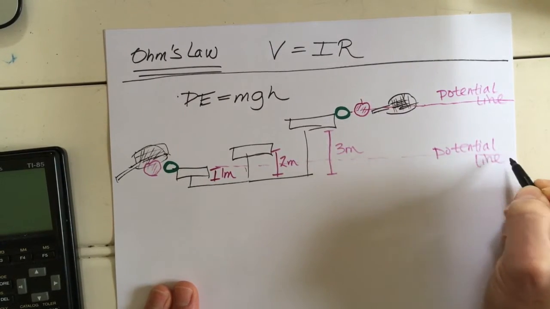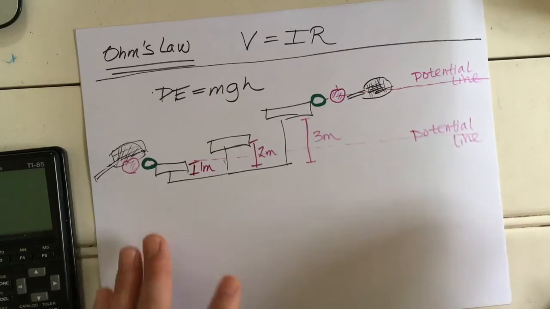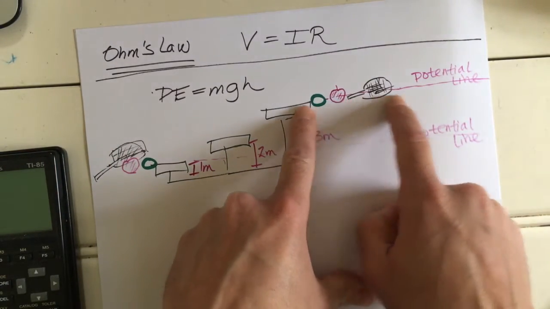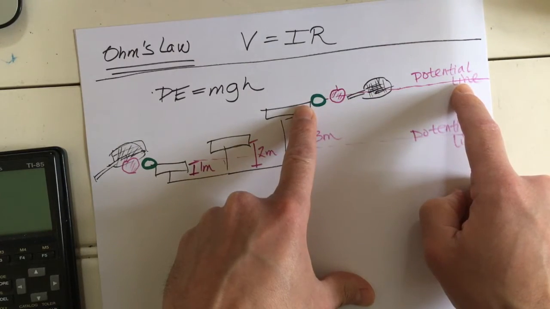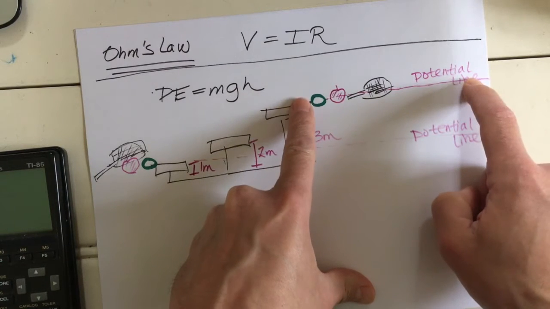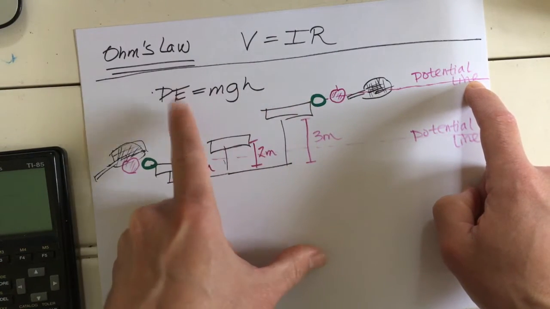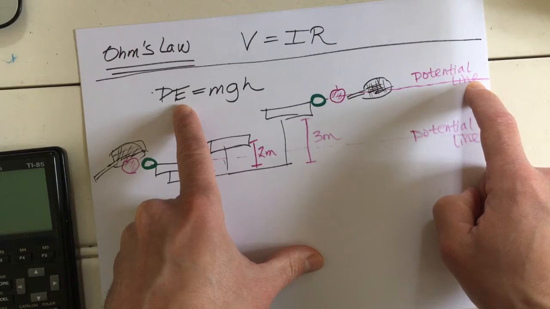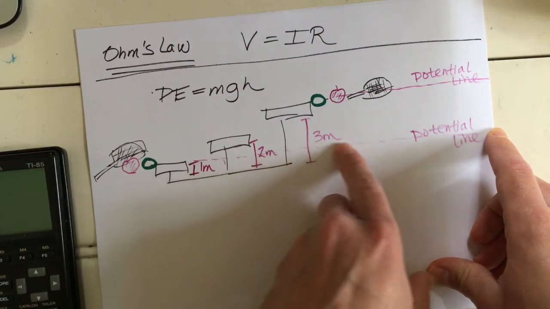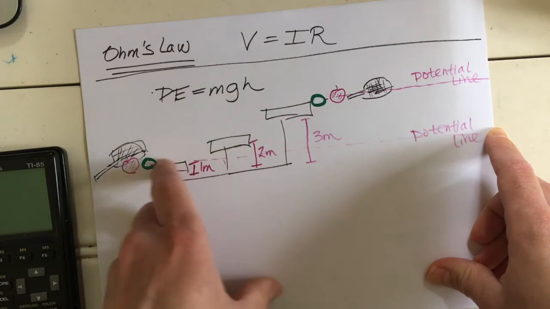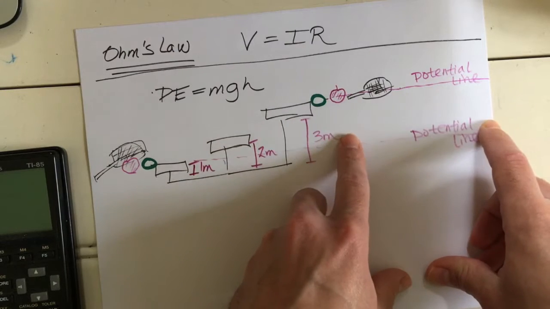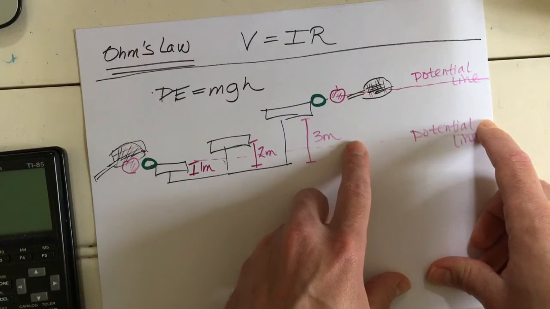And what I'm trying to get at here is that if you place a mass at this height, at this potential line, it will have more potential to create potential energy. Does everybody agree with that? I think you should, right? And if you place a mass at this height, I don't care if you're by the bleacher or wherever, but at this height from the ground, then it will have less potential to create potential energy.